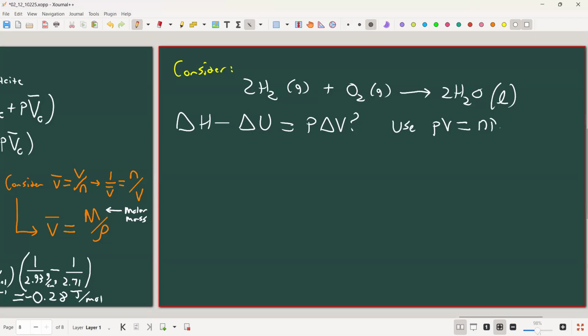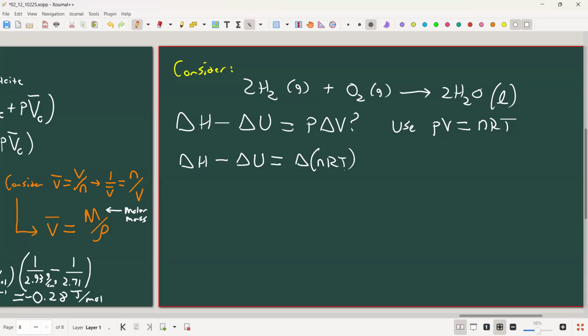We can use another formula if we want, but let's just use PV equals nRT here. We're going from a material that has a relationship between its pressure, volume, and temperature to one that doesn't really have that relationship anymore. So what we can say is that delta H minus delta U is equal to the change in nRT.